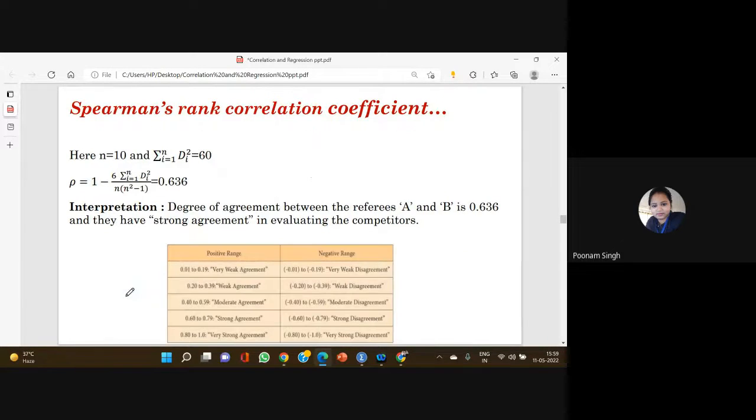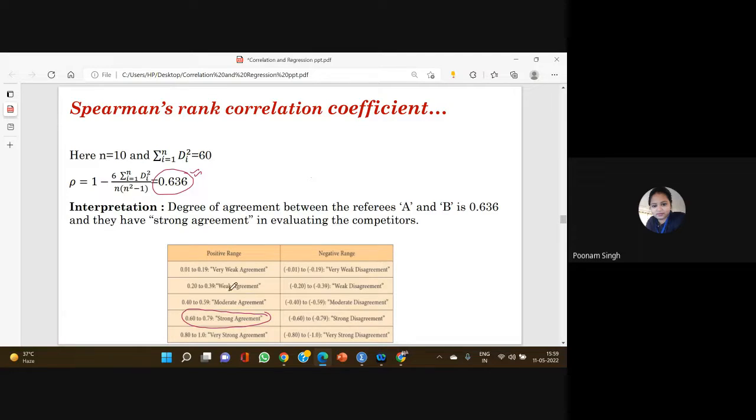Now here we have computed the value of di square, and finally we got the result 0.636. It lies in this range, strong, and since it is positive, we will say strong agreement.